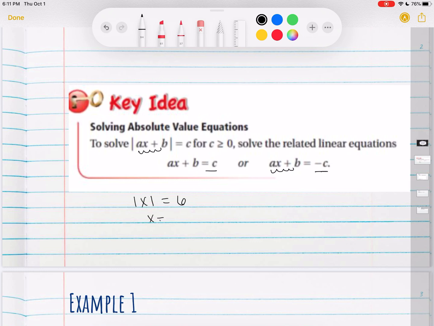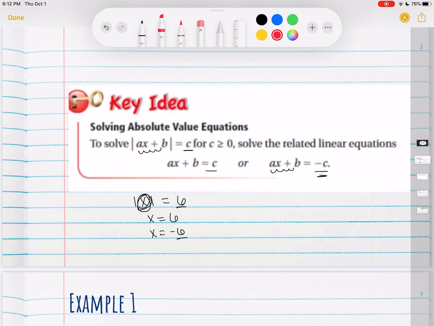That would be 6 and negative 6. So this thing in the absolute value is either 6 or the negative version of that, because the absolute value of negative 6 is 6. That's exactly what they do in this problem, right? That whole thing, the absolute value, is either positive c or it's negative c.